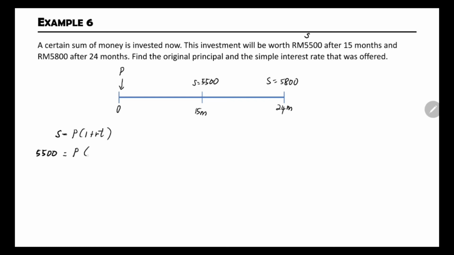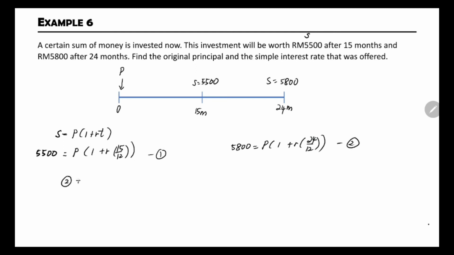For P, unknown, 1 plus R, T is 15 months, so 15 over 12. The other S is 5,800. P unknown, 1 plus R, T is 24 over 12. So this is equation 1, this is equation 2.